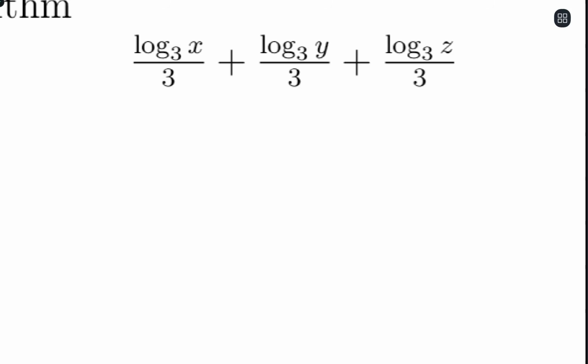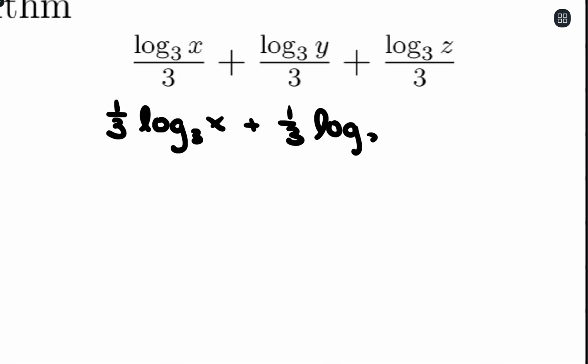It'll all be the same. Let's work with it piece by piece, just in case you come across an example where those denominators are different. But I am going to switch this to 1/3 times log base 3 of x plus 1/3 log base 3 of y plus 1/3 log base 3 of z.